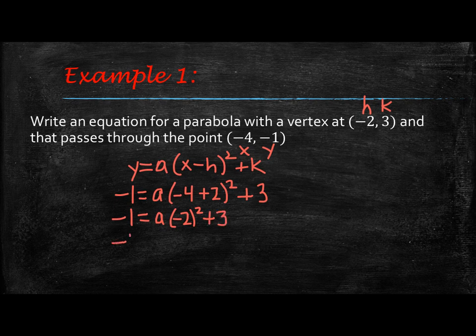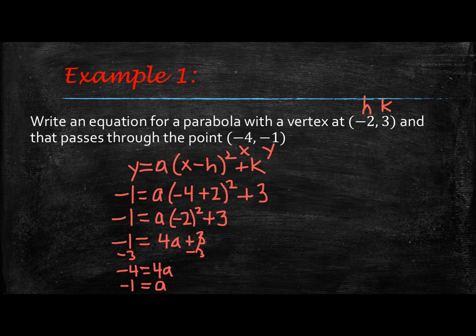Okay, so -1 equals -2 squared is 4, so that's 4a plus 3. We need to subtract 3 from the other side. So we get -4 equals 4a. And then dividing by 4, we get our a equal to -1.